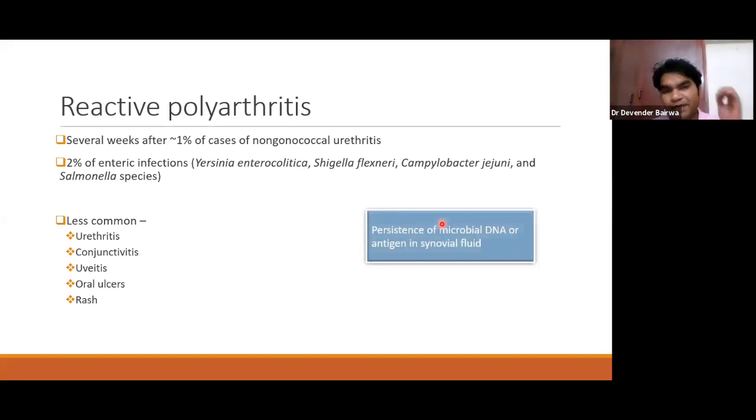Apart from chlamydia, no microbial DNA or antigen has been found, but the pathogenesis postulate is that persistence of microbial DNA or antigens in the joint leads to reactive polyarthritis many weeks after the true infection.